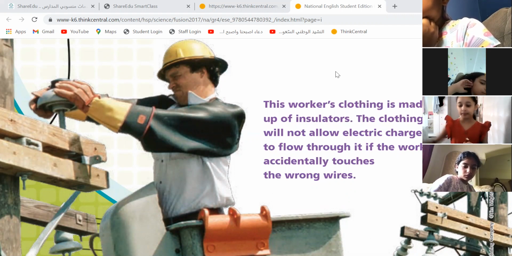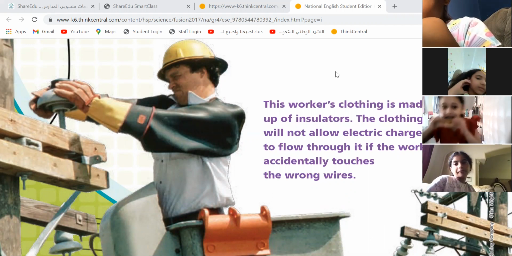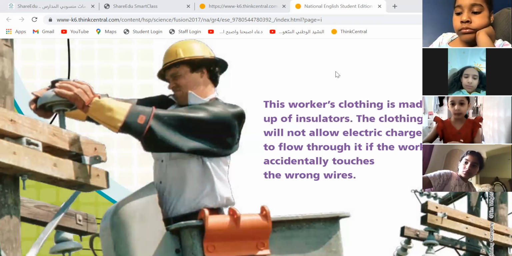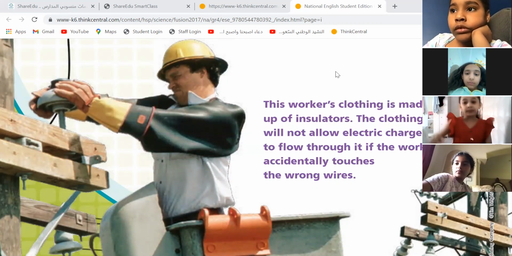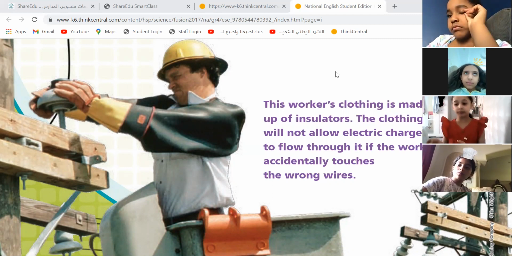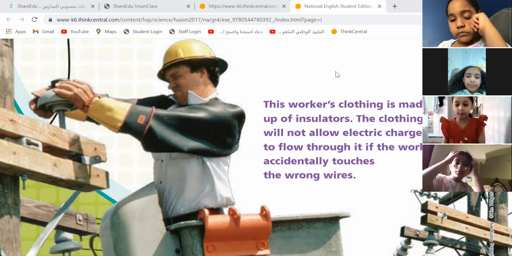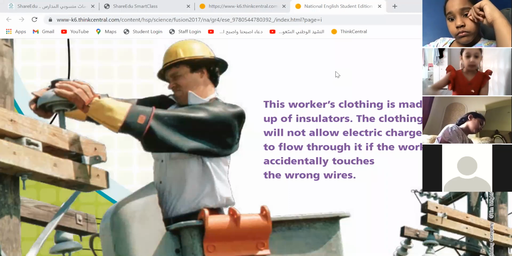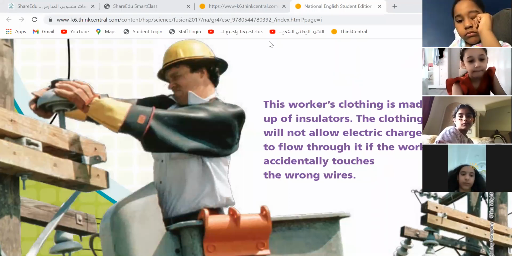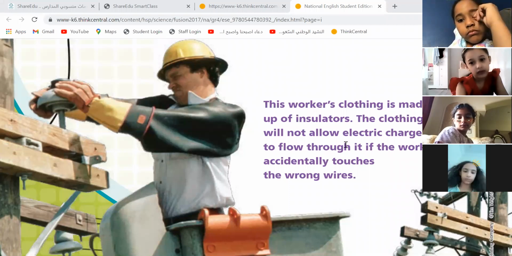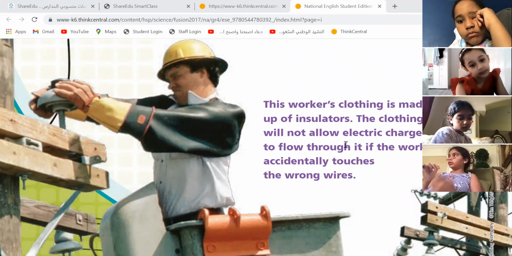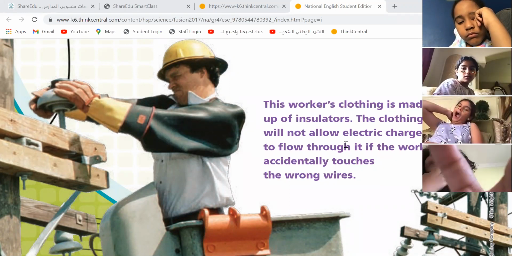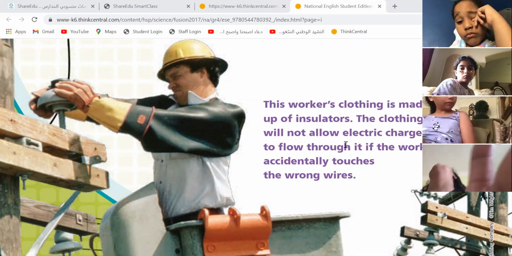Well done, excellent. This material is an insulator, and we learned previously that insulators do not move electricity from one place to another. Only electricity or something else? Hi, Diala. Can you repeat the question, please?